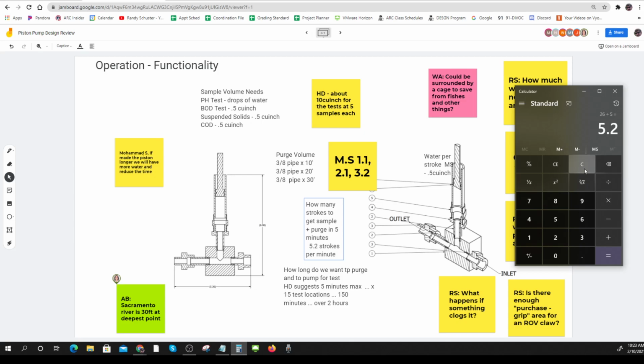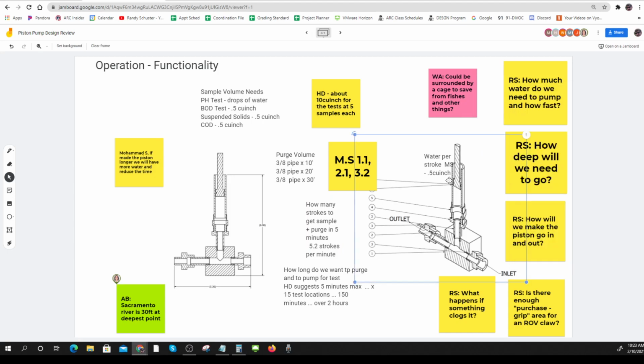That doesn't sound like it's that much, does it? That sounds like it's at least reasonable. Now, if I went with a bigger pipe size, of course, I could go slower.